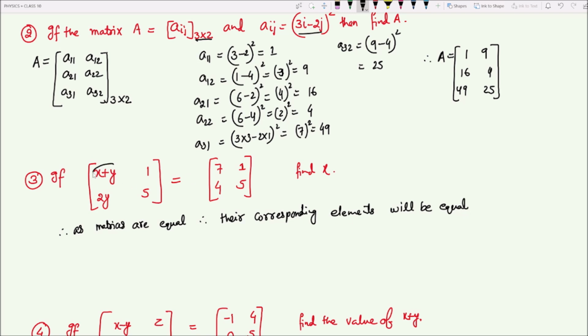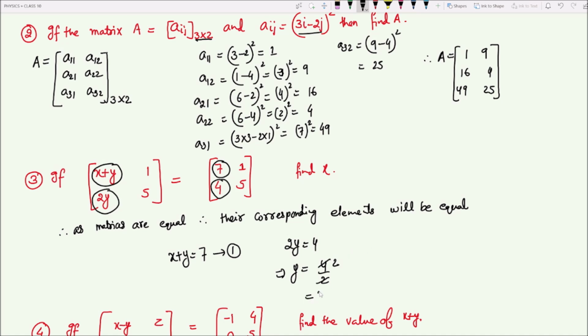So here x plus y corresponding, that is first row first column, here 7. So we can write x plus y is equal to 7. Let this be equation number 1. And here 2y is equal to 4. So we write 2y is equal to 4. Therefore here y is equal to 4 by 2, that is 2.